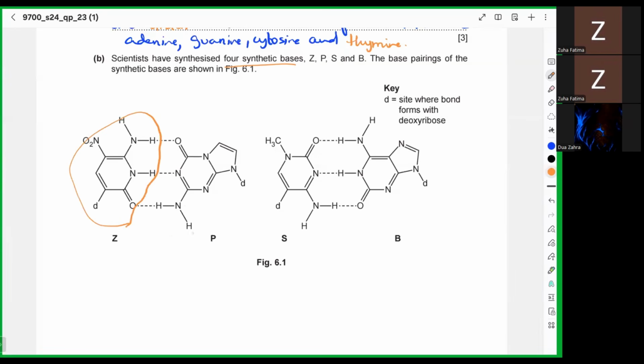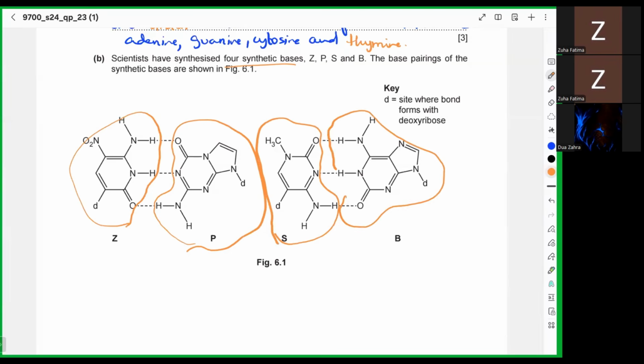Or it's a Z. This is basically P. Then we have S and we have B. These are the four bases which have been formed by the scientist. D is the site where bond forms with deoxyribose. So यहाँ पर हमारे पास शुगर होगी. यहाँ पर शुगर है, यहाँ पर शुगर है, यहाँ पर शुगर है.